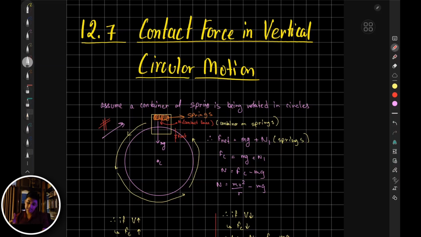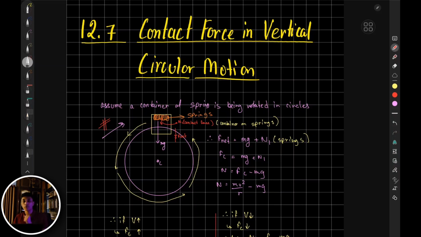So in this example, we're taking a set of springs, putting it in a box, a container, and we're going to rotate the container. Fair enough. So let's say you're putting the object at the topmost position of the circle and you're trying to rotate it.